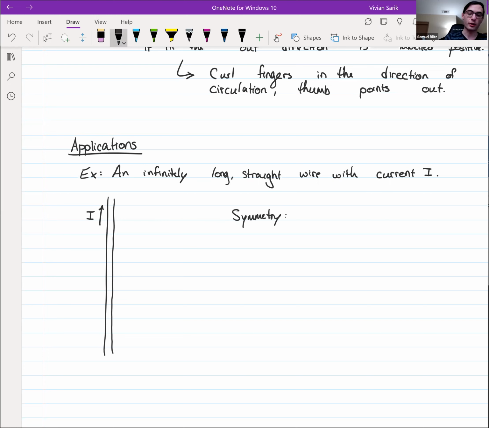So from the symmetry of the system, we can establish the following. We know that if you rotate the entire system, like if you rotate it this way, the system doesn't change, right? It's just an individual wire. It has cylindrical symmetry. So if you rotate it, it shouldn't change. So that means that the magnitude of the magnetic field should be the same at any point a fixed distance r away.